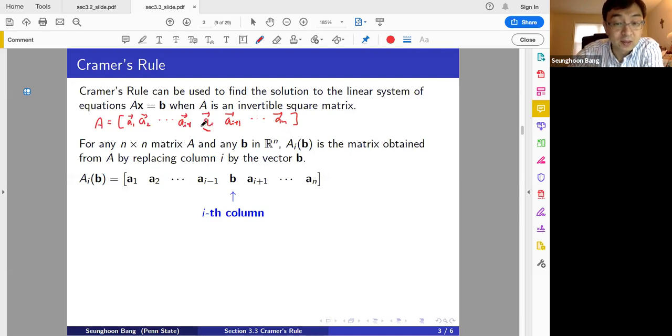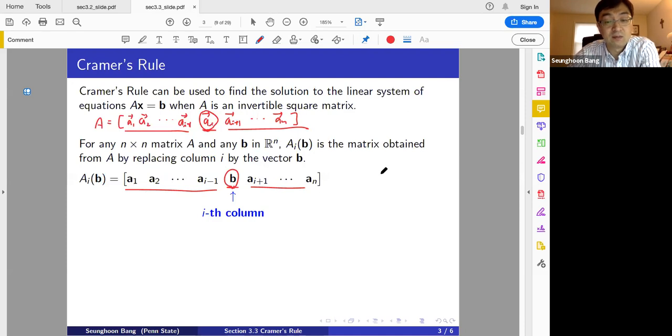Only replace the ith column by vector B. The rest is exactly the same. Only replace Ai by vector B, the ith column. So like this. This is A_i(B).